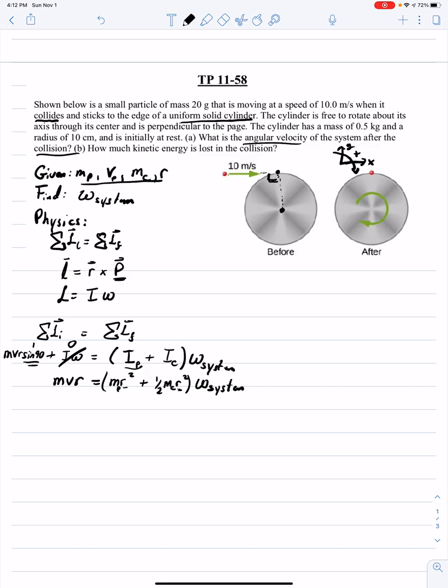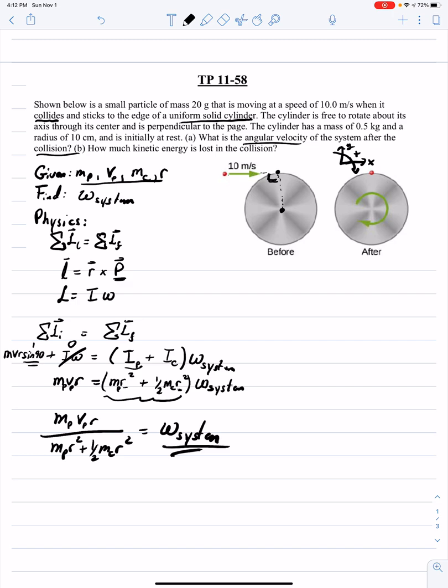Boom. So now it's asking, what is the angular velocity of the system after the collision? Too easy. Now you can bring this component onto the other side: mass of the particle, and I forgot to write that, mass of the particle times velocity of the particle times r, over mass of the particle times r squared plus 1/2 mass of the cylinder r squared, is equal to the angular velocity of the system.